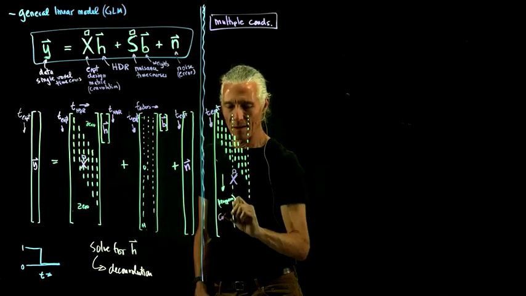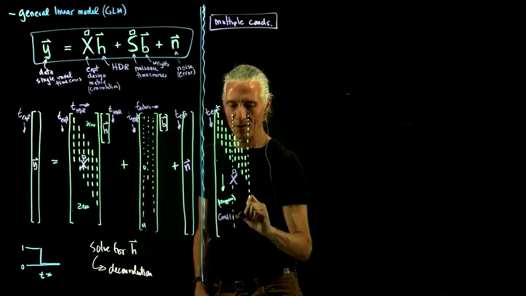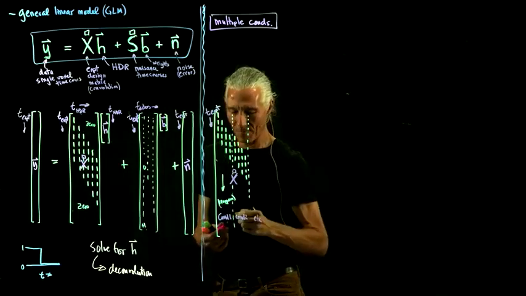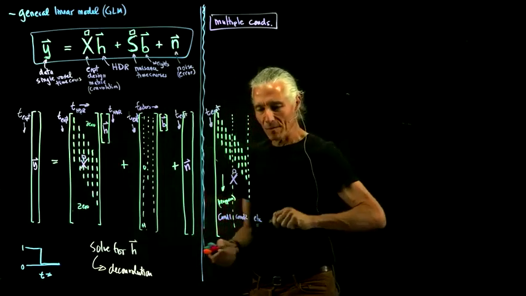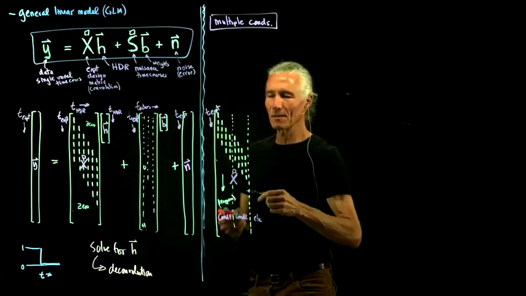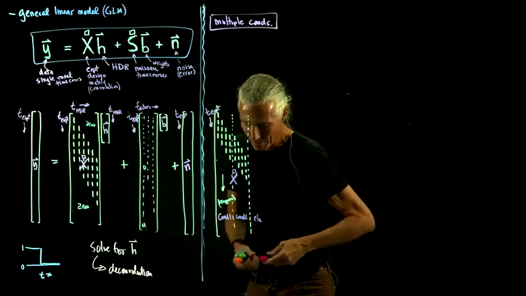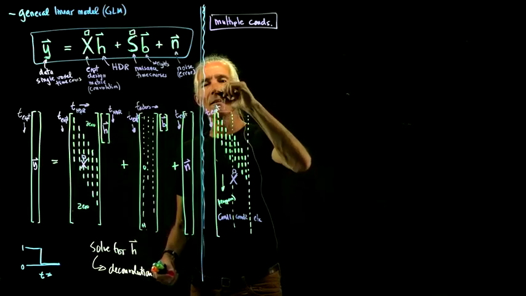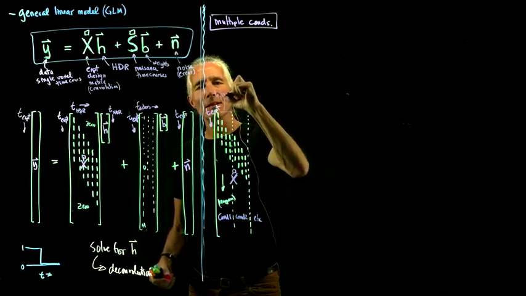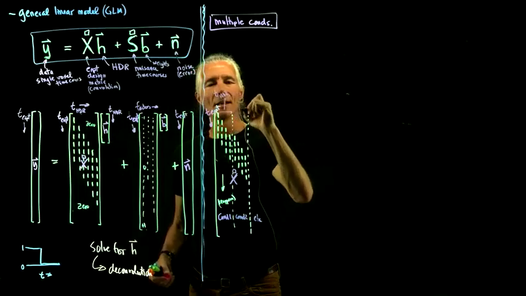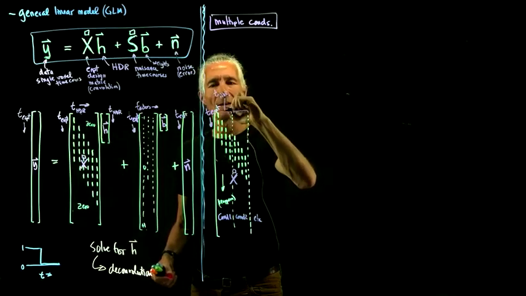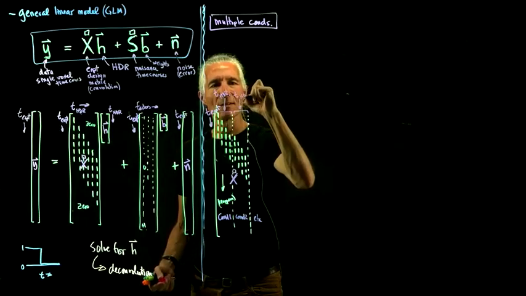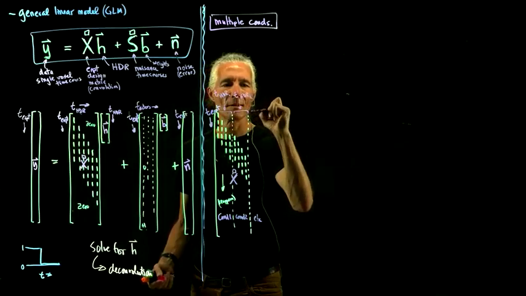So here's condition 1. Here's condition 2, etc. I could have more, because we need to have a separate hemodynamic response function for the different conditions. And so this guy right here is time in the hemodynamic response function HDR1, and this is time repeated again in the hemodynamic response function 2, etc.